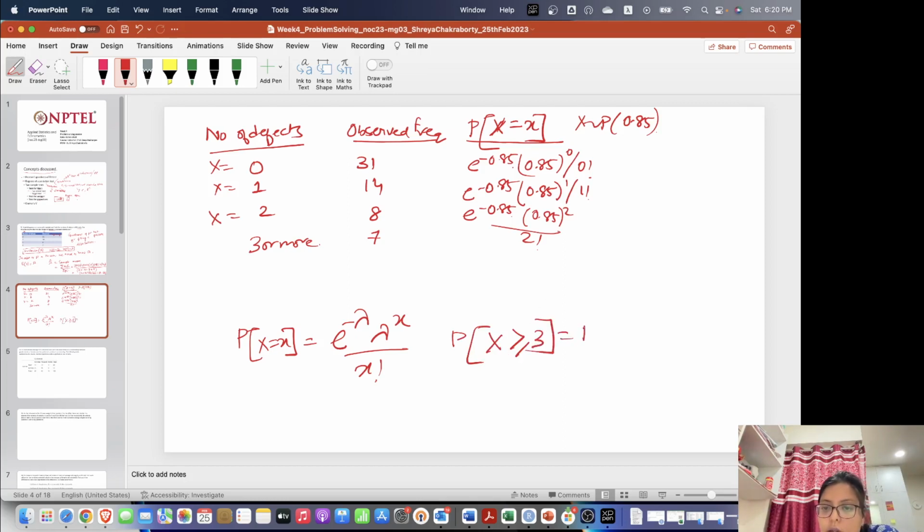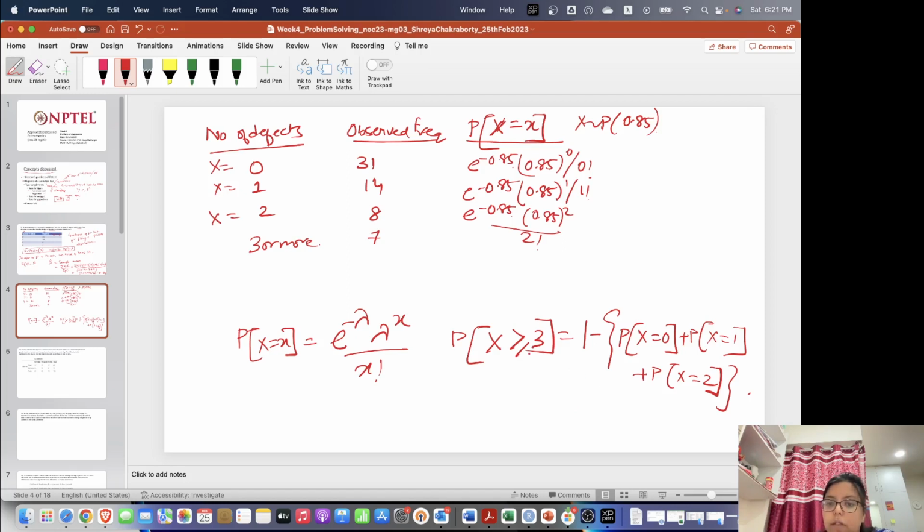This one can be written as 1 minus probability x equal to 0 plus probability x equal to 1 plus probability x equal to 2. Do you agree? Because we are taking 3 onwards, so total probability should be 1.